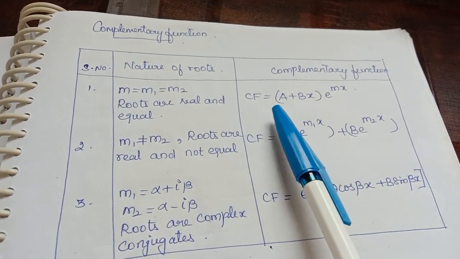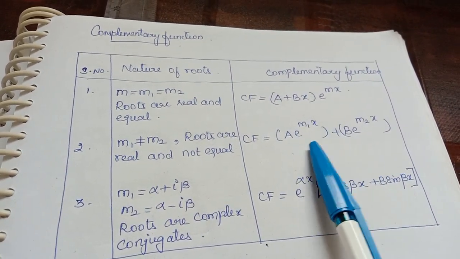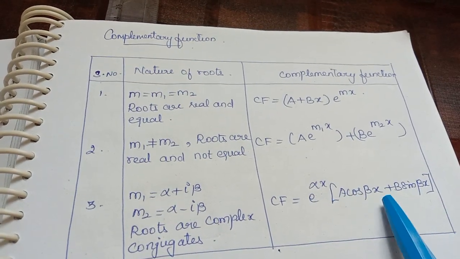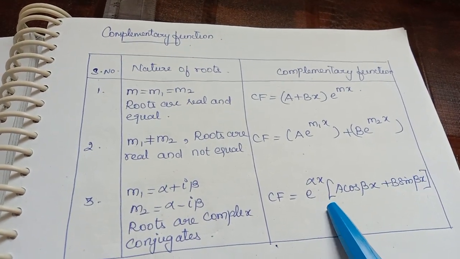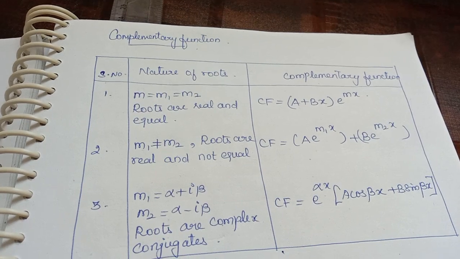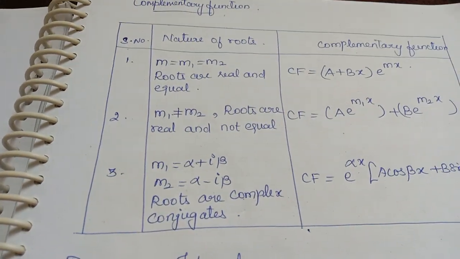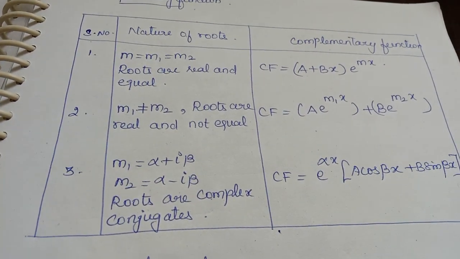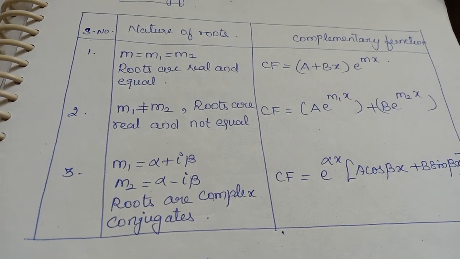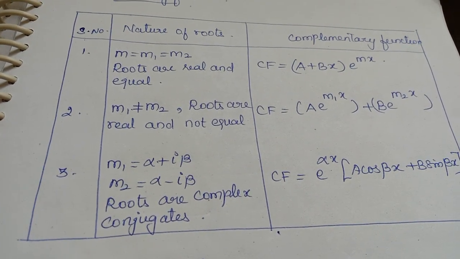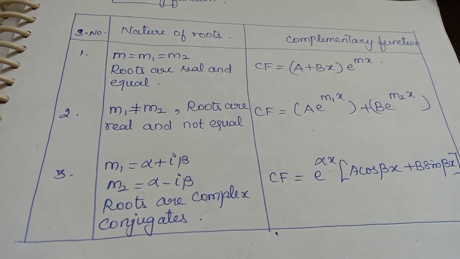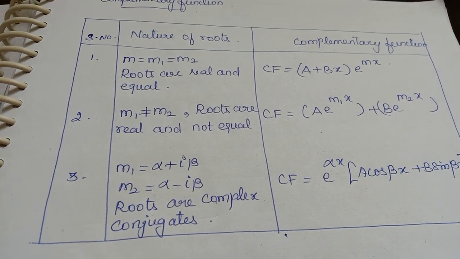Here, this a and b we have written, these are called arbitrary constants. So how many arbitrary constants occur in the solution of a differential equation? That's an important question. The number of arbitrary constants in the solution of any differential equation is equal to the order of the equation.